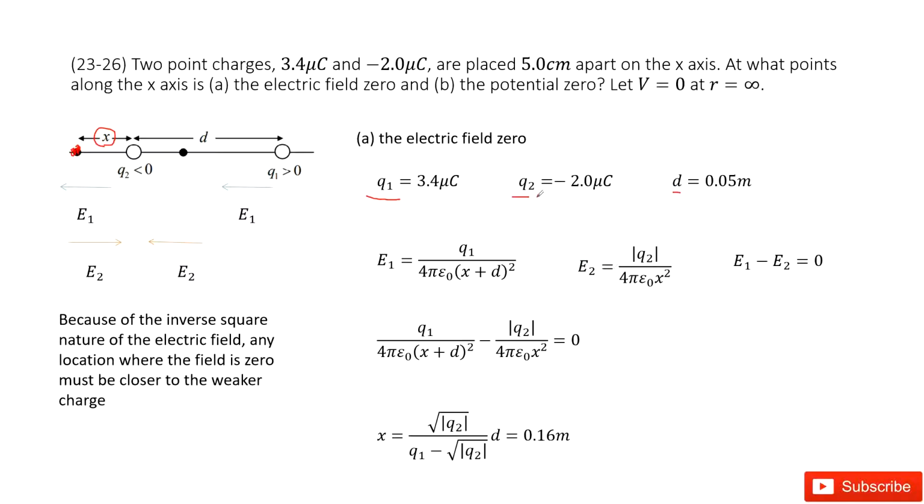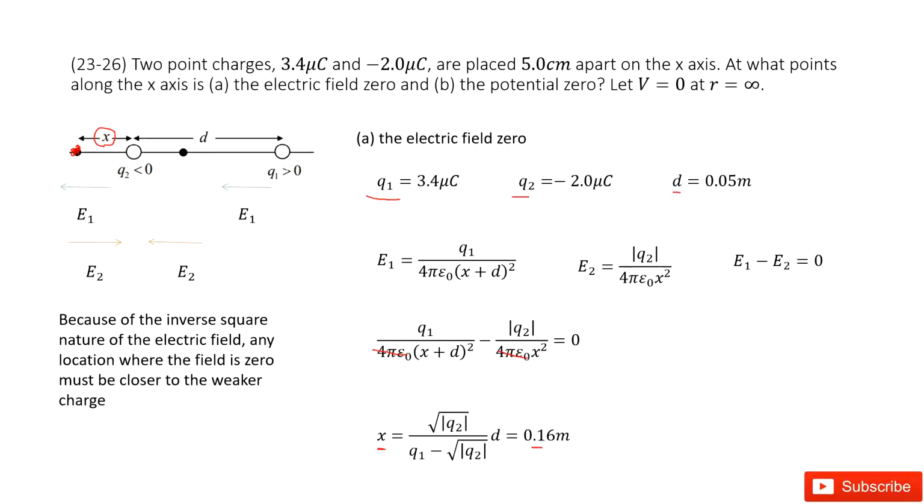And then we know Q2 is a negative charge, so there we take the absolute value to just get the magnitude of E2. And then we know E1 minus E2, this is the net magnitude, right, equals 0. And then inputting E1, E2, we can get the equation for x, which looks like this. Input all the given quantities, get the answer there.